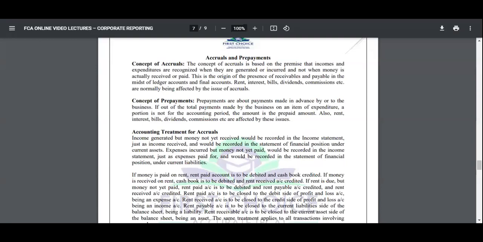If money is paid on rent, the rent account is to be debited and the cash book is to be credited.